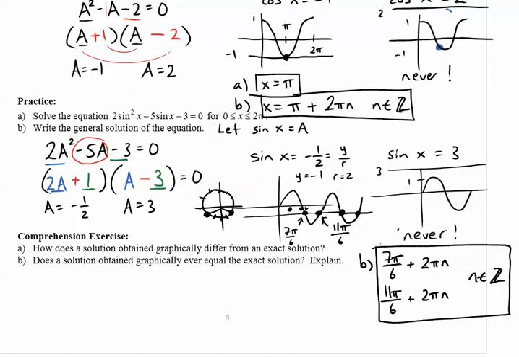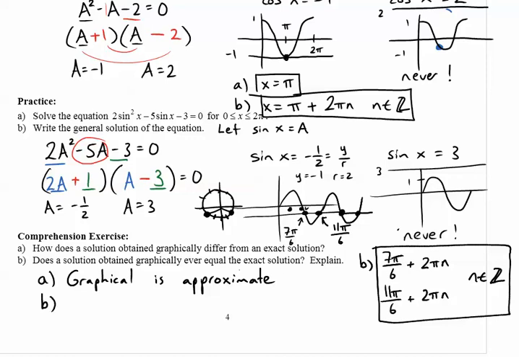So just some last thoughts. How does a solution obtained graphically differ from an exact solution? The graphical answer is only approximate. Your calculator can only hold so many decimal places of accuracy, of precision.